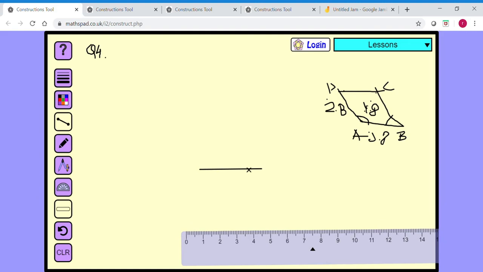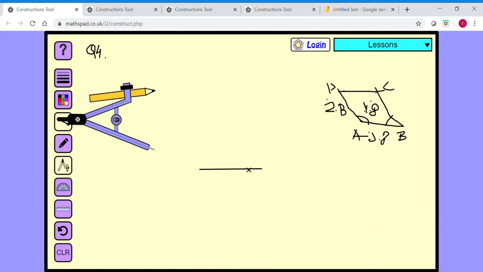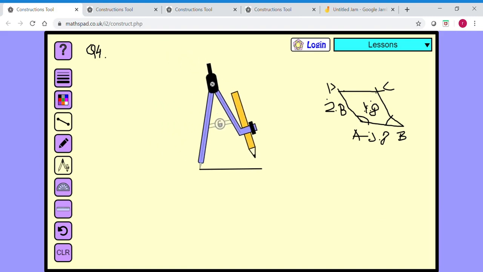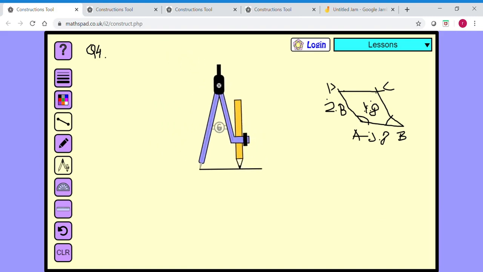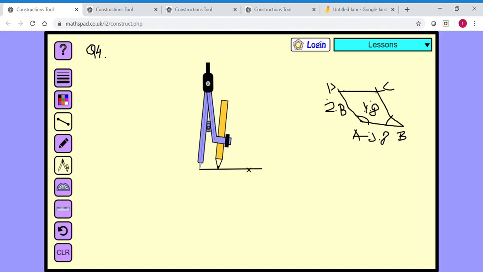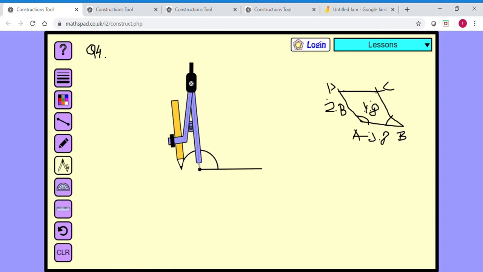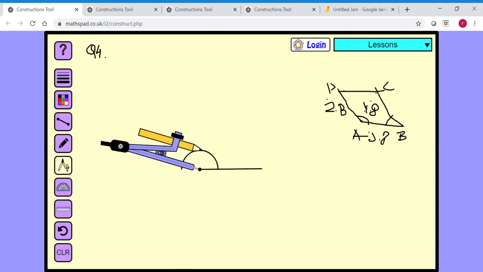Now let me draw 105 at A. How do I draw 105? 105 would mean that I bisect 90 and 120. So first, let me make an angle of 90. Let me open my compass to a span of my choice and make a semicircle. Done.